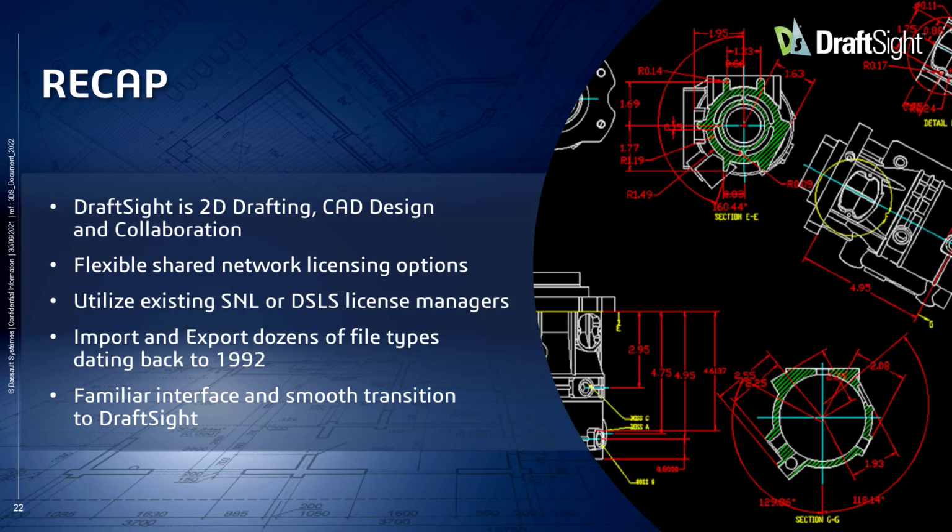We dove into the different license managing software for the network licenses, SNL and DSLS. And then we talked briefly about some file format flexibility that comes with DraftSight, the different files that you can import and export as. Then we wrapped everything up with some discussion about making the switch to DraftSight and how familiar the user interface is and how similar the commands can be if you utilize aliases.